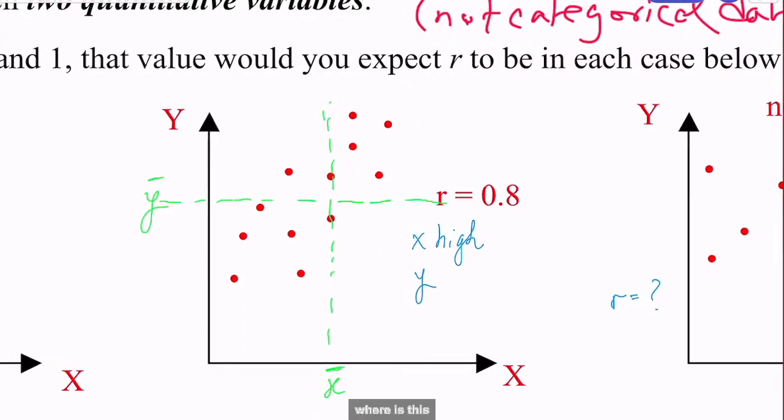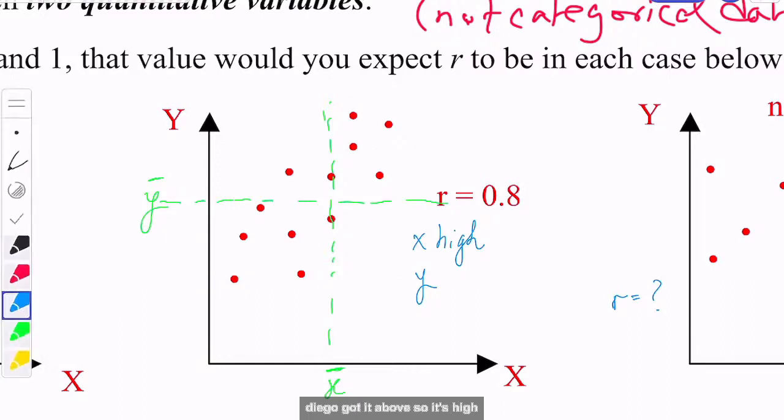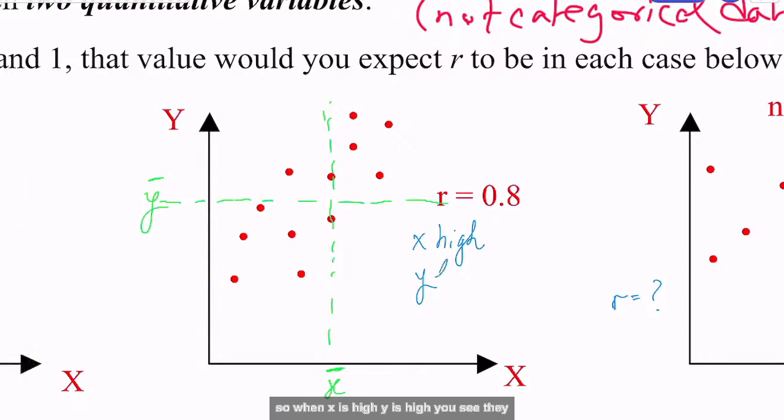Why do you say below? When X is high, where are the red dots? High or low? Diego, got it, above. So it's high. So when X is high, Y is high. You see, they reinforce each other. X is high, Y is high.